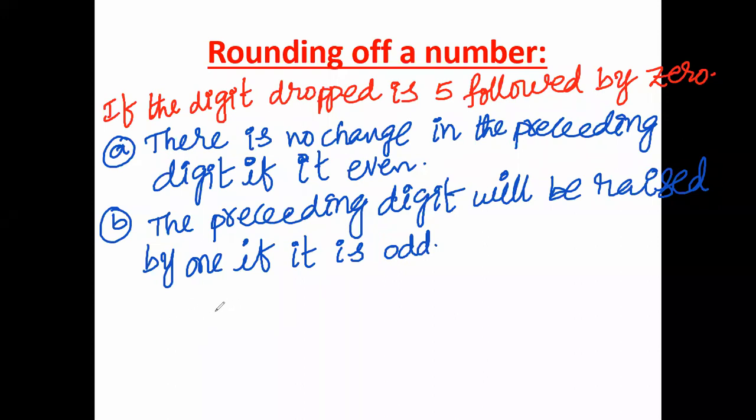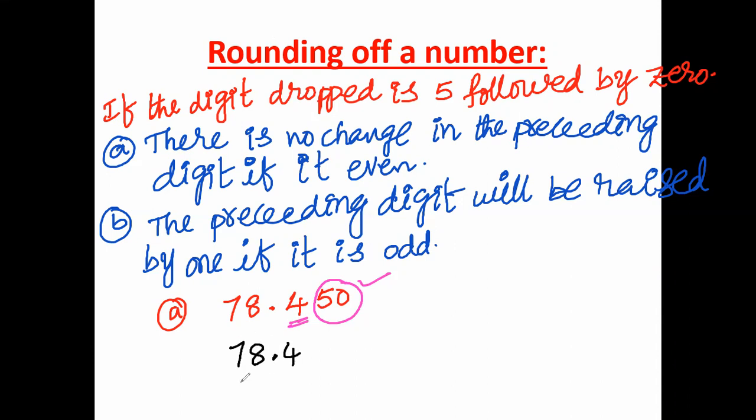So we'll take examples. First, I am taking 78.450. I am going to drop up to 5 followed by 0. The preceding digit is an even number, that's why there is no change in it. It will be 78.4 only.